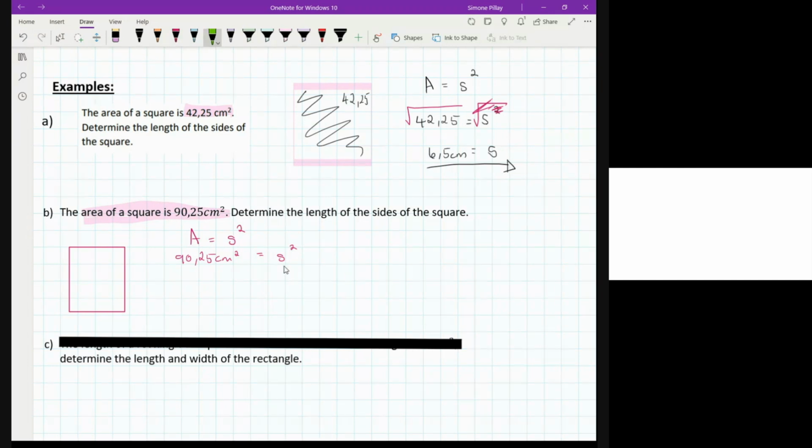And then we're going to square root both sides so that the square root and the square cancel out. And then my answer is 9.5 centimeters, ma'am. 9.5 equals side, so we can say, therefore my side is equal to 9.5 centimeters.